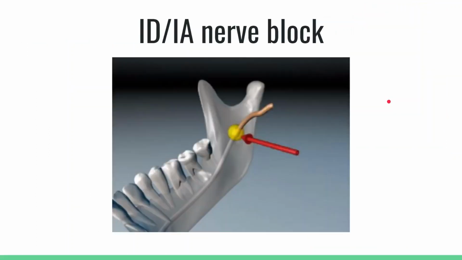So here, for example, we have the inferior dental nerve or the inferior alveolar nerve block, which is very common in dentistry. As you can see, the dentist will basically insert the needle into the mucosa right over here, and just before they reach the nerve, they start dropping the local anesthetic. And as you can see, everything distal to the point of injection is going to be anesthetized, and it's very useful.